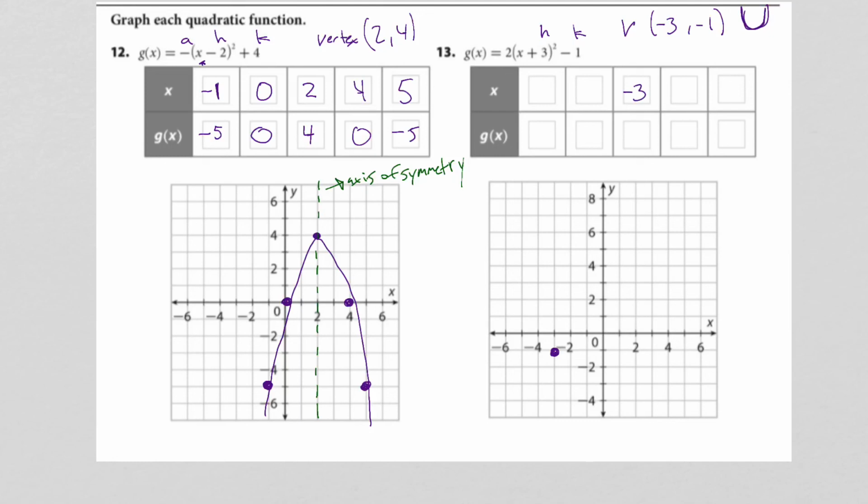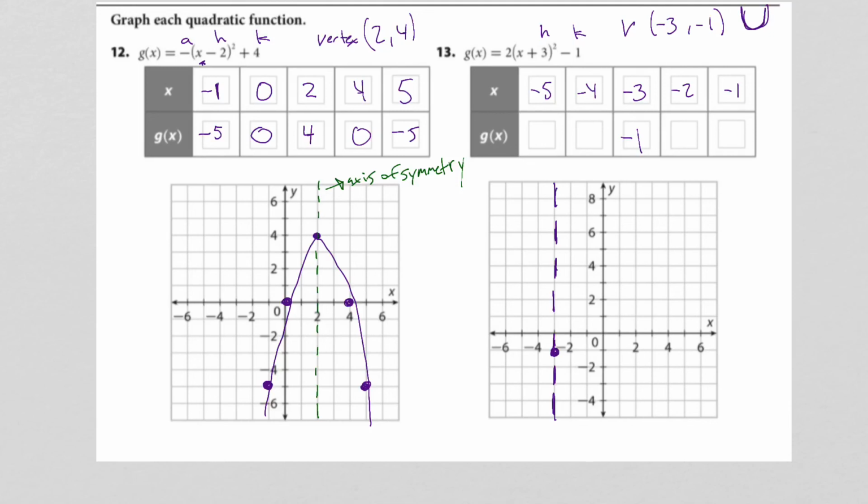I'm putting it in the middle because there's going to be an axis of symmetry all along this point in the vertex. So if I can find anything on this side, I can match it up with that side. So here we go. 0 is a good place to start, or we can just go negative 2, negative 1, negative 4, negative 5.